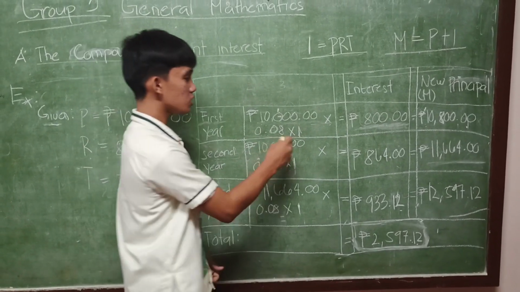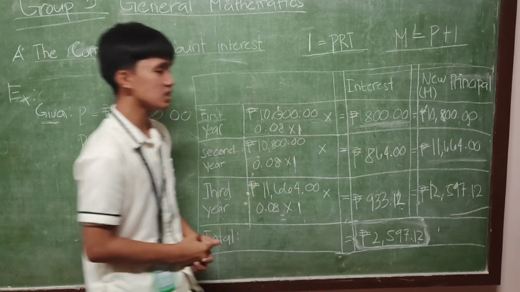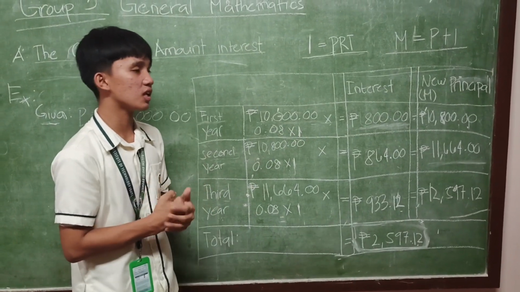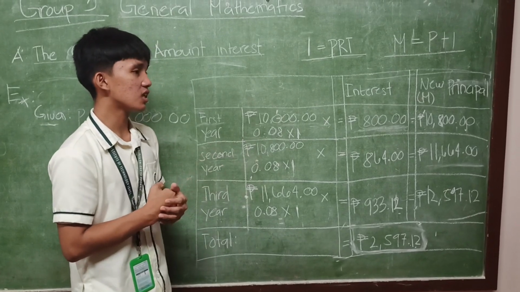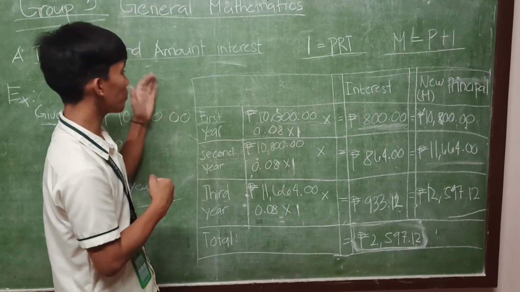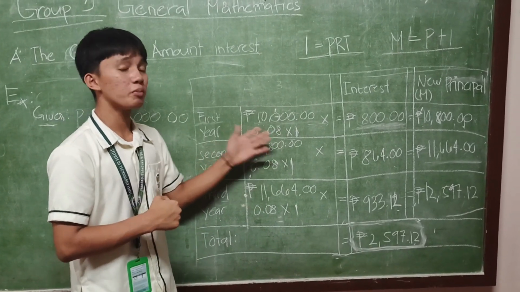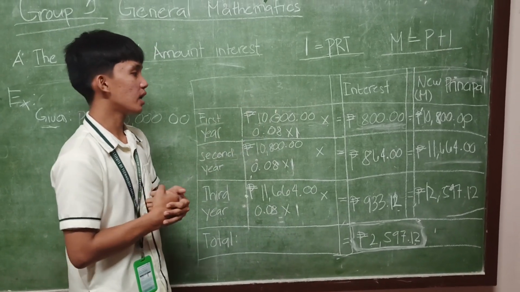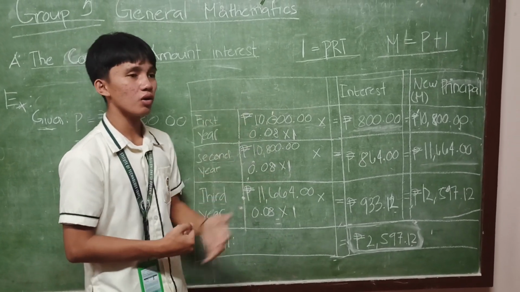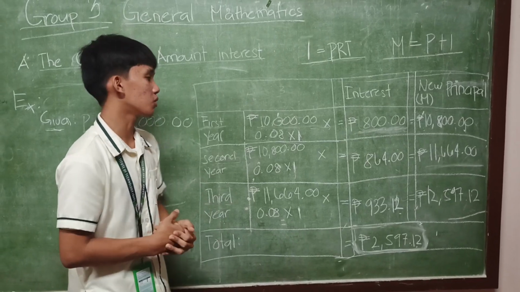Magtatanong kayo, 3 years pero bakit 1 yung nandito? Kasi na-mention kanina na compounded annually. Sa pag-compute natin ng compound interest by period, kailangan i-analyze talaga natin yung question para tama yung procedure na gagawin mo.